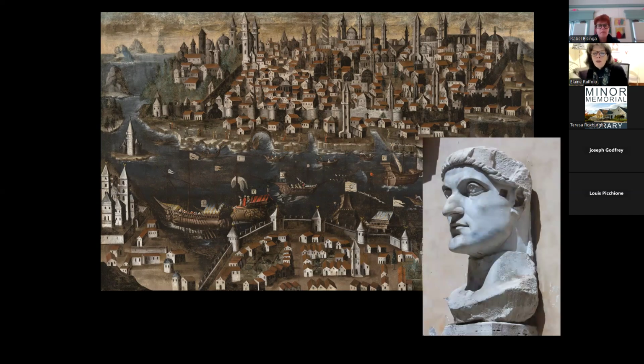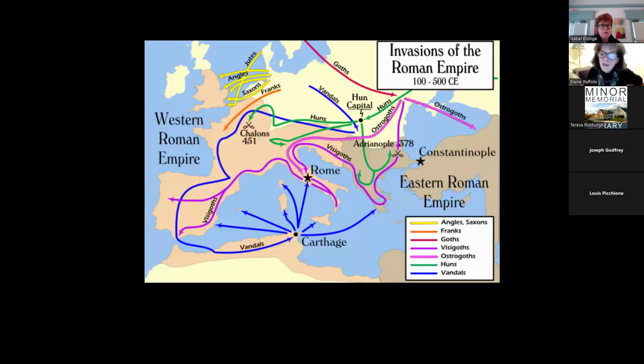So all of these major events that are going on in the 4th century have a direct impact on the Roman Empire, because we start to see the beginnings of barbarian invasions, starting with the Angles, Saxons, Franks, Goths, Visigoths, Ostrogoths, Huns, and a terrible group called the Vandals. Look at the Vandals. They're down there at the bottom in blue, and they will directly affect Sicily.